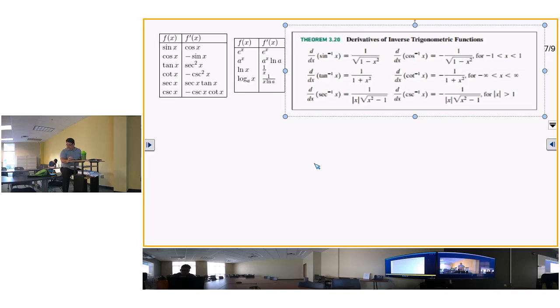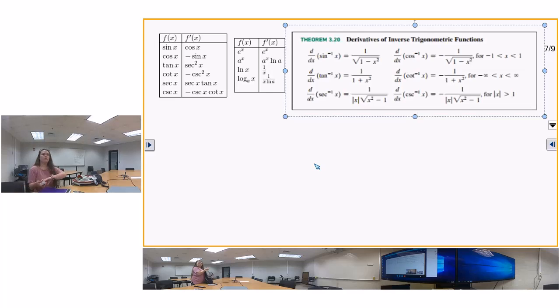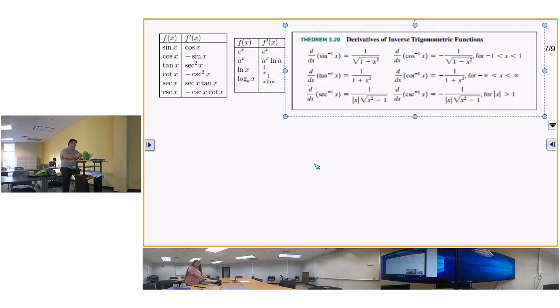Okay? So let me see what I've got here. I know I've got 2 or 3 problems, and then I've got some that I worked on. Derivative. Okay, here we go. Sometimes I get kind of crazy with my own notes, and I have to read them to make sure I'm not all over the place.